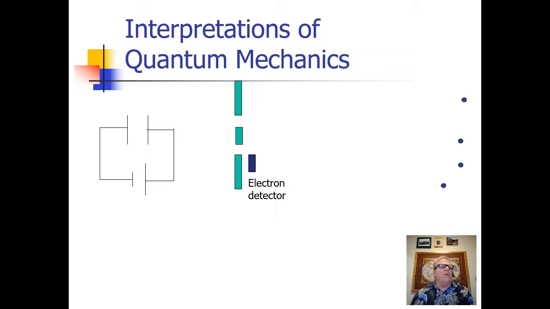Another idea about quantum mechanics is the many worlds hypothesis. To vastly oversimplify, the answer to the question, through which slit did the electron travel, is answered by saying it traveled through both. In this interpretation, there are many different realities.